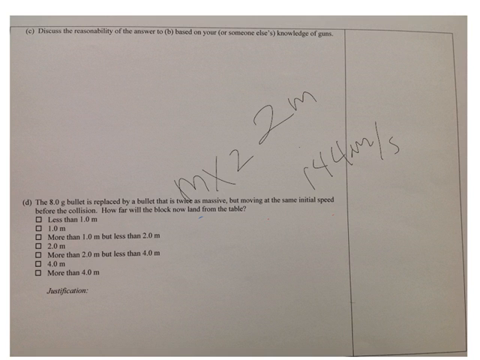If you're hitting something harder, more mass, it's definitely going to go more. So you know it's going to go more. So the idea is, is it going to go more but not twice as much, exactly twice as much, or even more than twice as much?